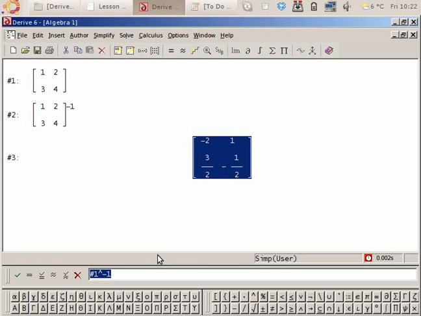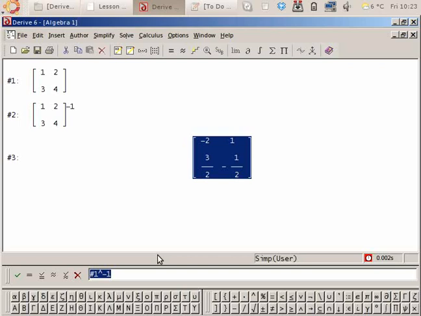Then hashtag 1 power -1. Okay. Go on. Press the equal. All right.